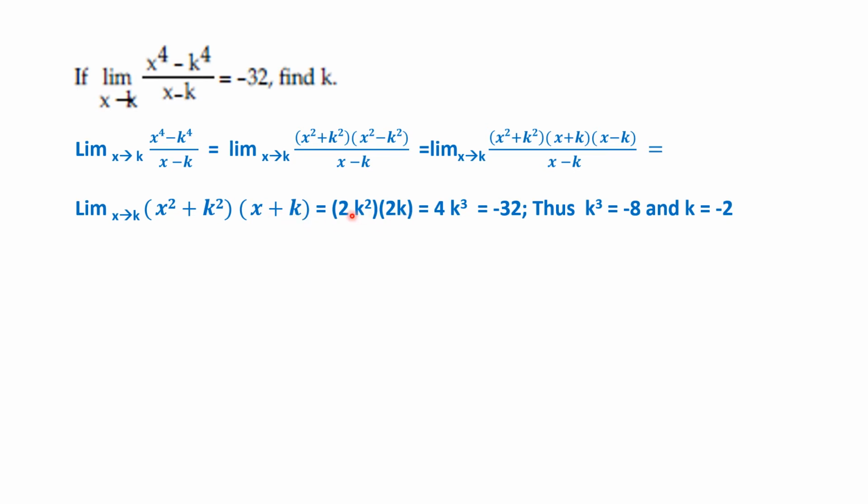So 2k squared multiplied by 2k is 4k cubed, and we're given that this limit is equal to negative 32. So 4k cubed is equal to negative 32. We divide both sides by 4, we get k cubed equal to negative 8, and this gives us k equal to negative 2. So the answer is k equal to negative 2.